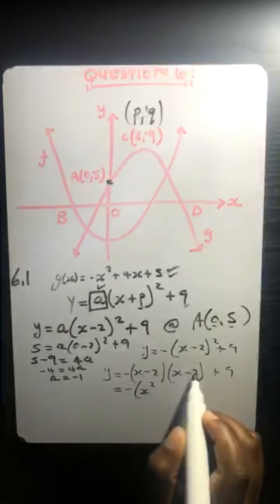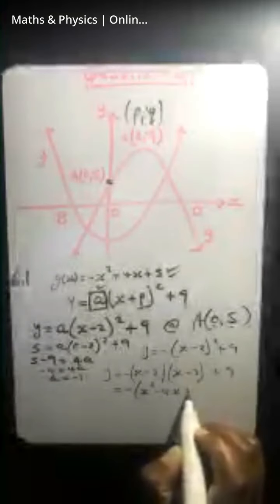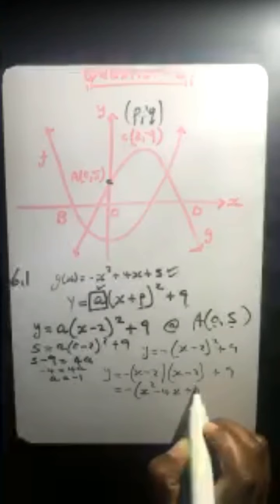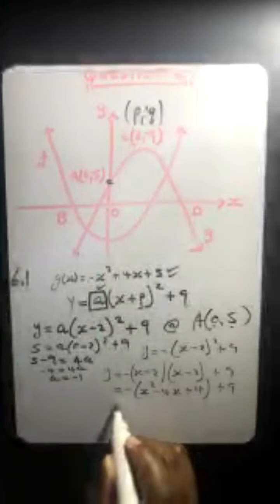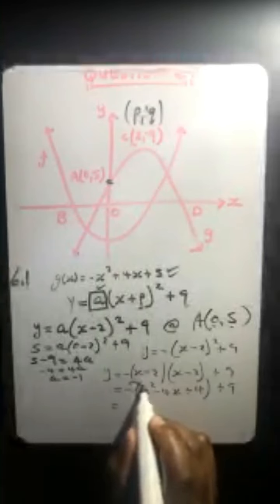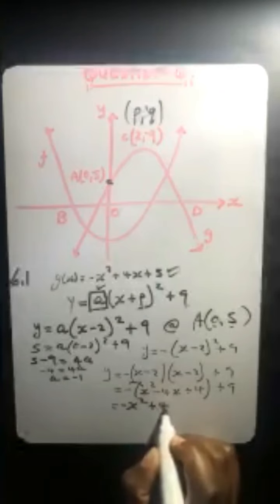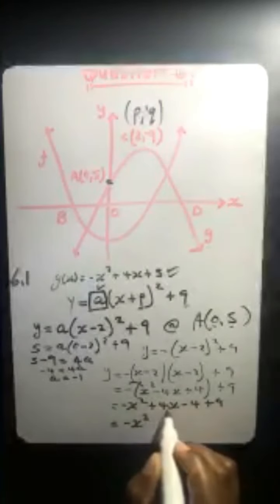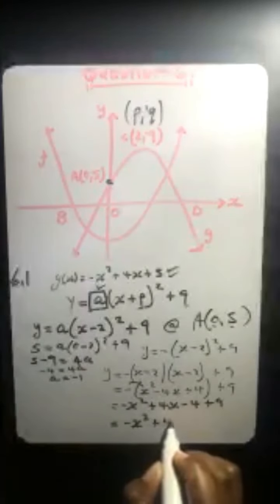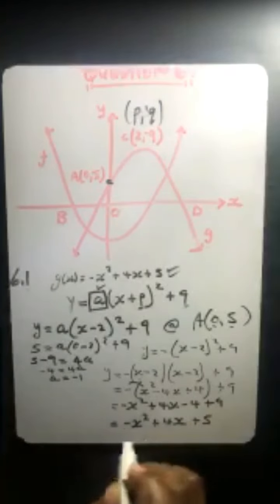That by that is negative 2 times x, negative 4x. And that by that is positive 4. Remember, you still have that 9. Then you end up having negative x squared plus 4x. That by that is negative 4 plus 9. And then you have negative x squared, plus 4x, and that is plus 5. Can you see?